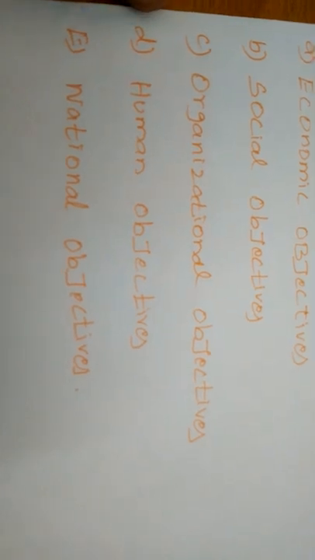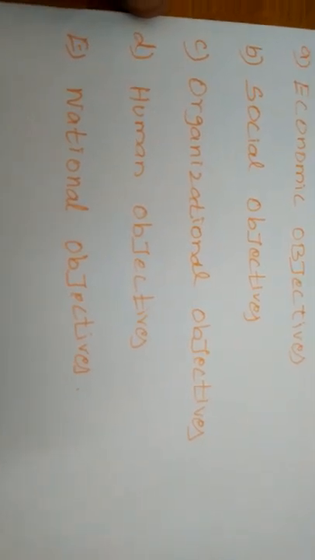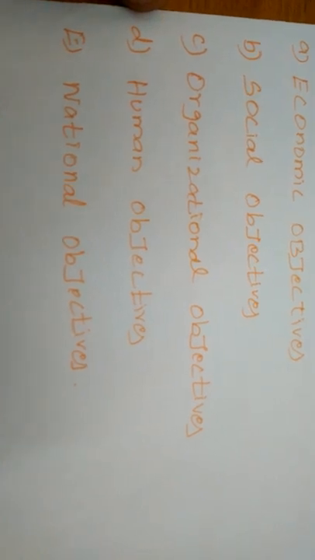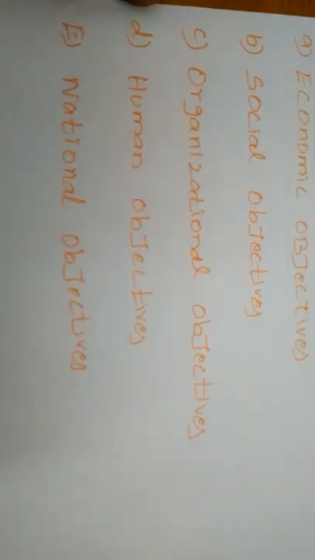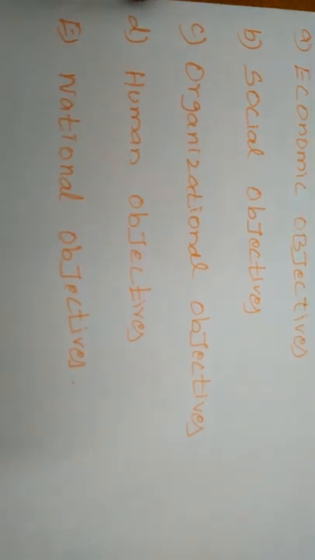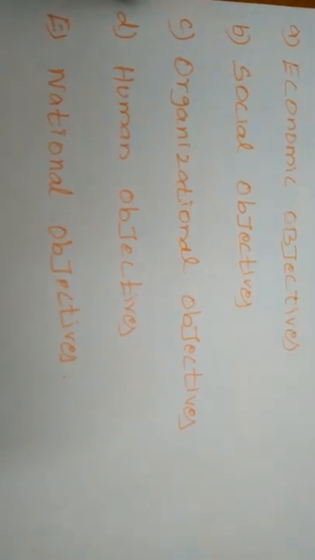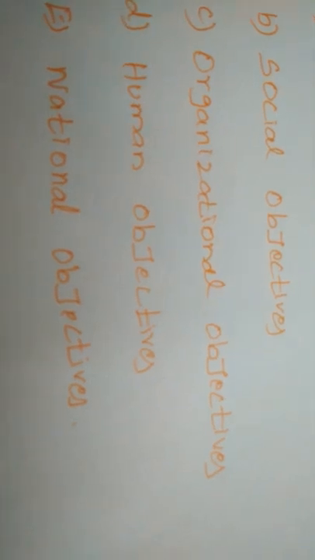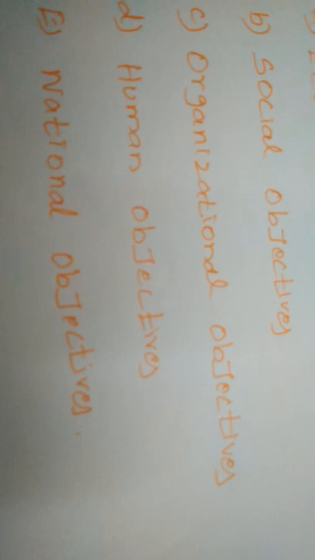Next, human objectives. The human objectives refer to the objectives aimed at the well-being and the fulfillment of the expectations of employees, as also of people who are disabled, handicapped, and deprived of proper education and training. The human may be considered as both consumer and labor, those who work in the same organization.